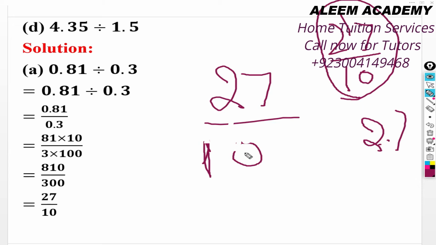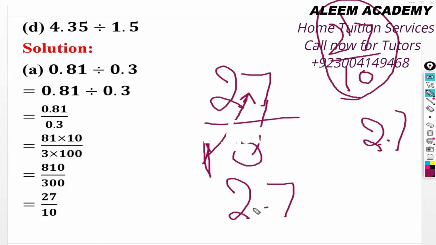But how? This 0 will be cancelled with this 7, and in place of 1 you have to write the decimal. You do not have to cancel 7, you just have to imagine that 0 can go with 7, and in place of 1 you write the decimal there. So the answer will be 2.7.